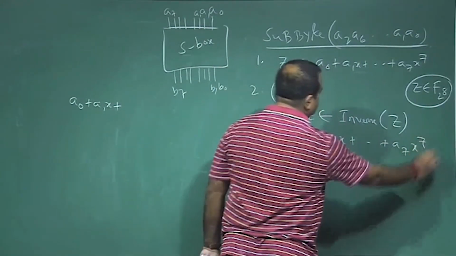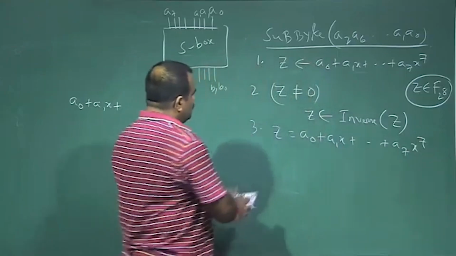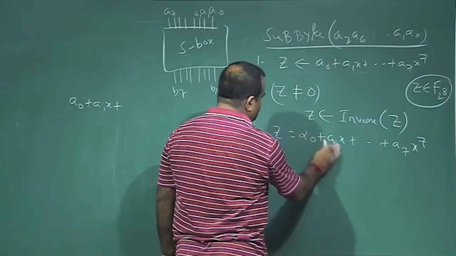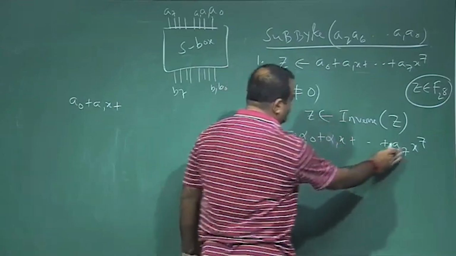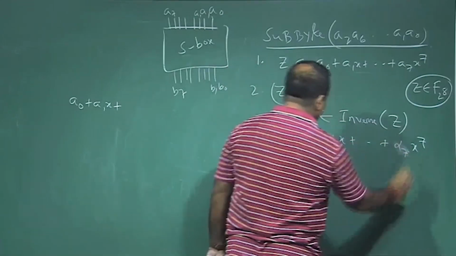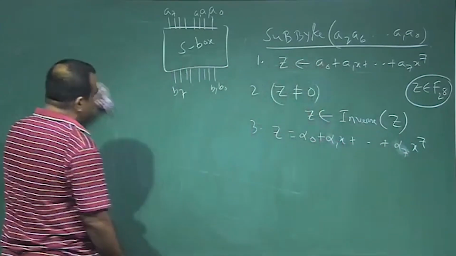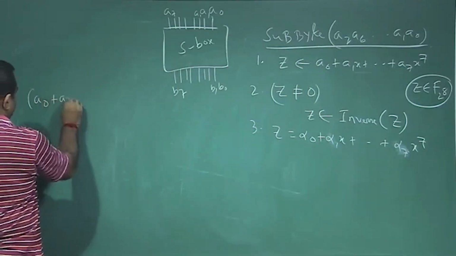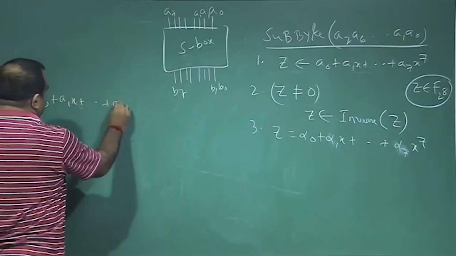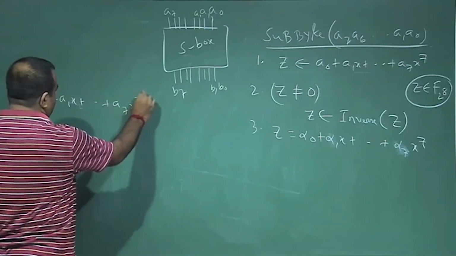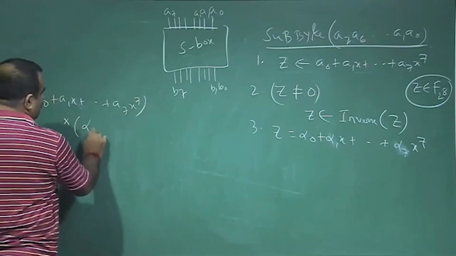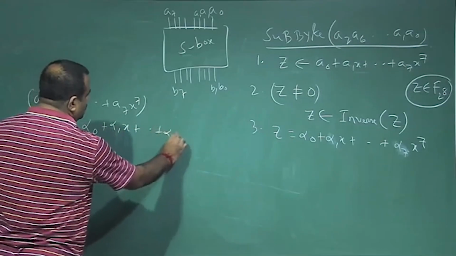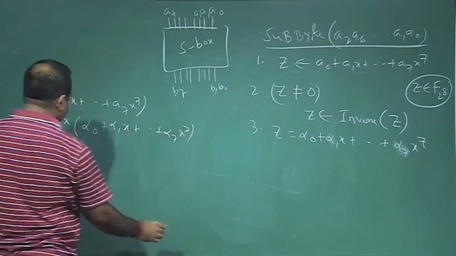This inverse is also a 7-degree polynomial, not A0, it must be some alpha 0, alpha 1, ..., alpha 7. So, basically what we have is (A0 + A1x + ... + A7 x^7) times (alpha 0 + alpha 1x + ... + alpha 7 x^7).